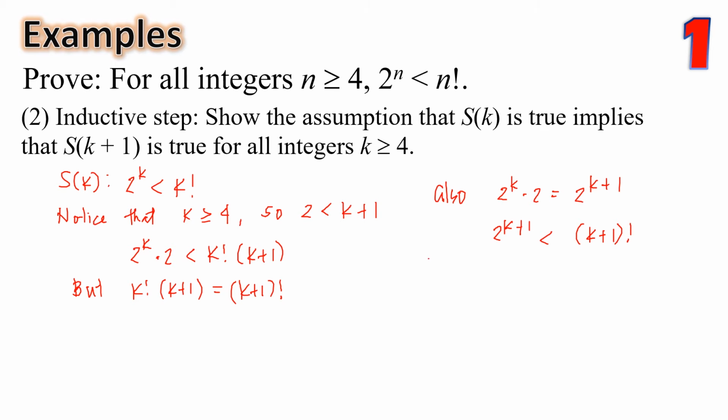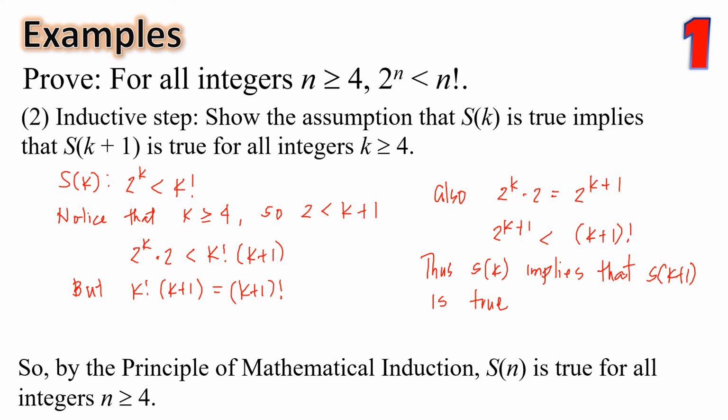From here, we can say that S of k implies that S of k plus 1 is true. So by the principle of mathematical induction, S of n is true for all integers n greater than or equal to 4.